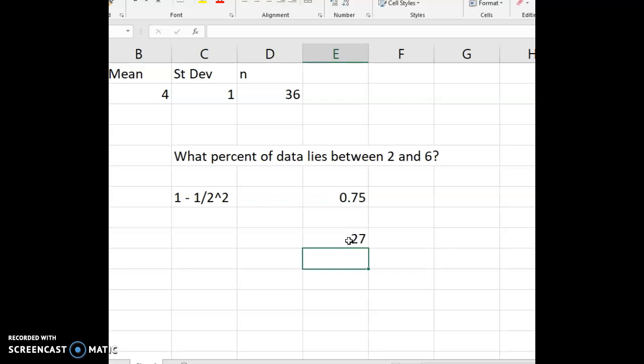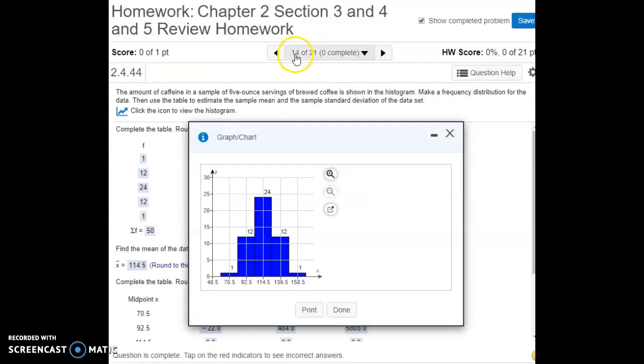So from Chebyshev's theorem, we know that within 2 standard deviations, there is 75% of the data, which out of 36 pieces of data would be 27 data values within that range. Number 14, we have a histogram, and from that we're going to try to make a frequency distribution and then estimate the sample mean and sample standard deviation.